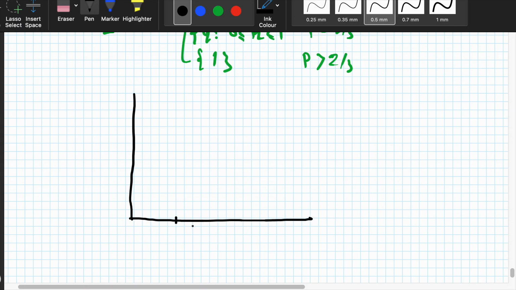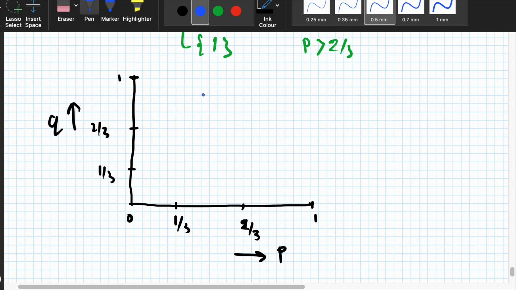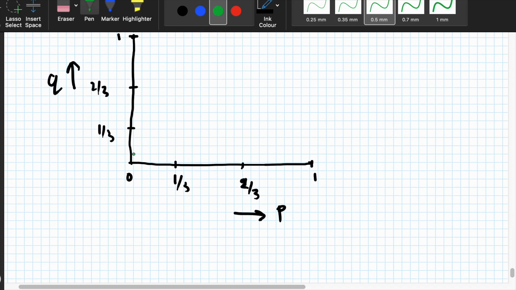Suppose this is 1/3, and this is 1. This is corresponding to 1/3, this is corresponding to 2/3, this is 0, this is again 1/3, this is 2/3, this is 1, and this direction is q, this direction is p. So let's find the best response function of player 1.